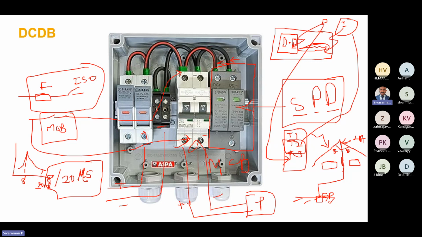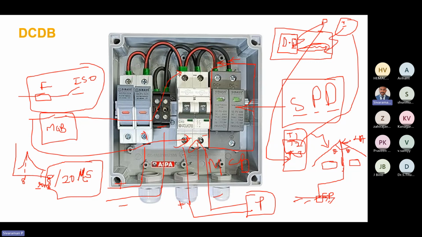If the inverter is 9 kilowatt and has 3 MPPT, each MPPT has 3 kilowatt. So we have to calculate the stringing design for the 3 kilowatt only.